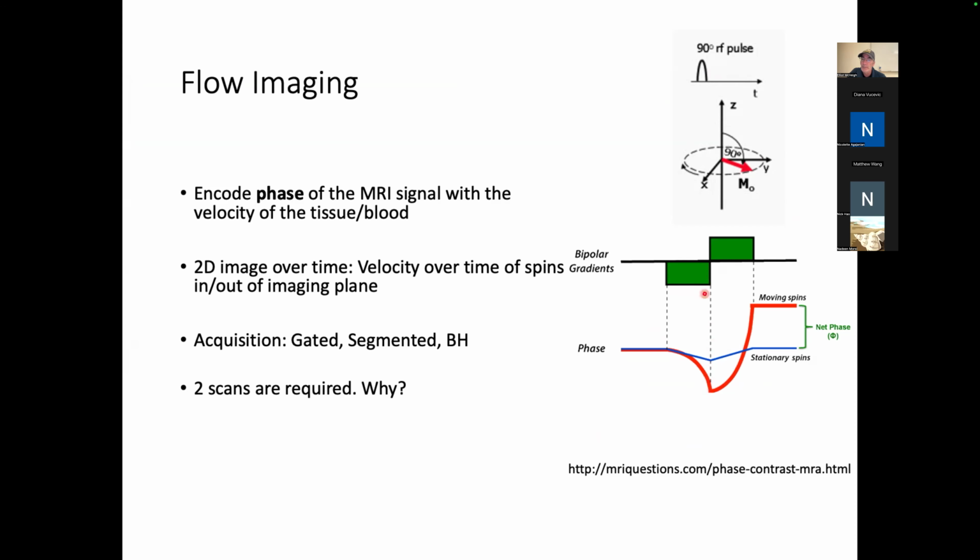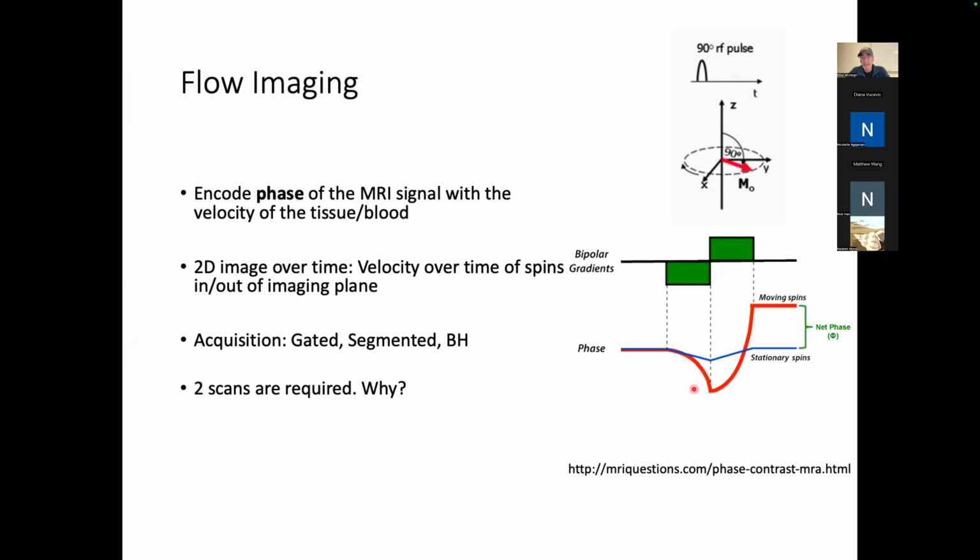And then what we do is we flip the polarity of the gradient up to positive, and the phase accumulates as a quadratic still because this thing's still moving, and now it's moving up into higher positive fields because we've flipped the gradient. And the accumulation of the phase gets faster and faster. It gets to here by the time we switch the gradient off. So a static spin has come back to its original phase position.